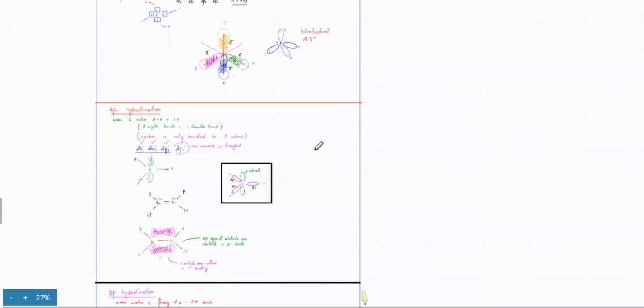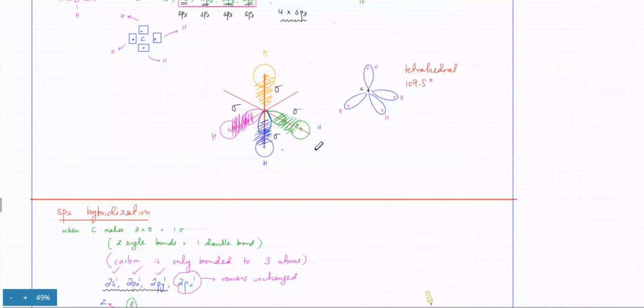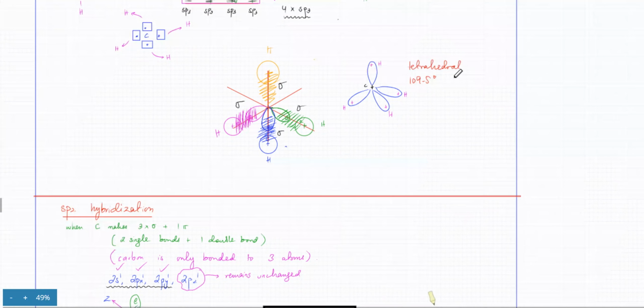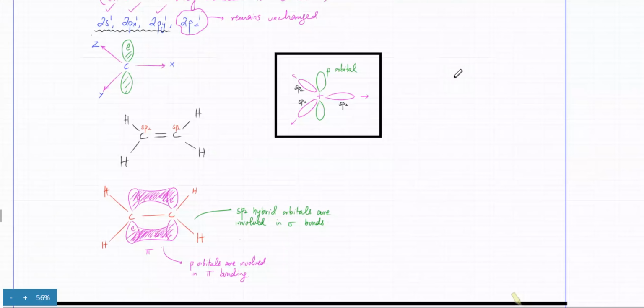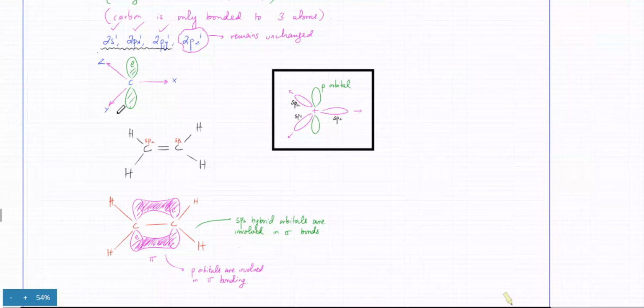So just a quick recap. When carbon is forming four single bonds, all four orbitals get stretched in different directions, and the shape is tetrahedral, and the angle is 109.5. When carbon is bonded to only three atoms, three of the orbitals change shape. The fourth orbital remains unchanged, and that is getting involved in forming a pi bond.